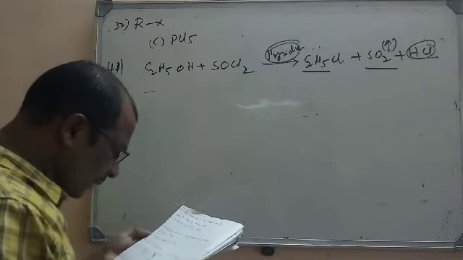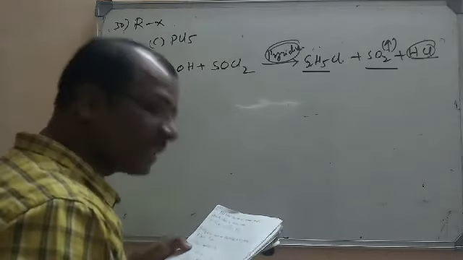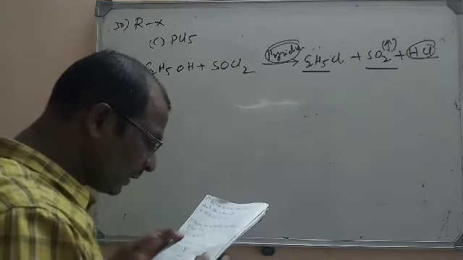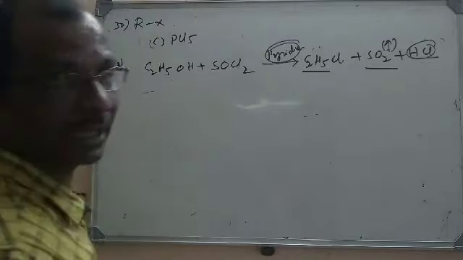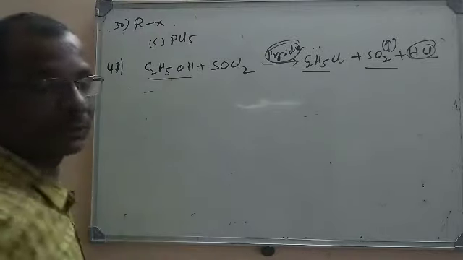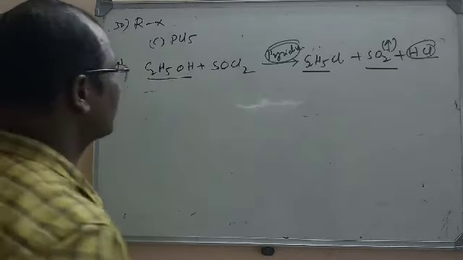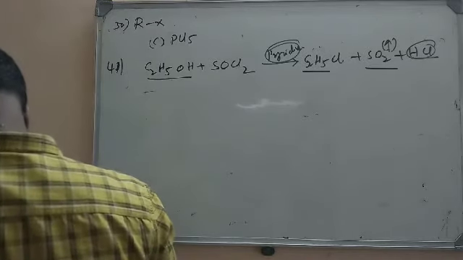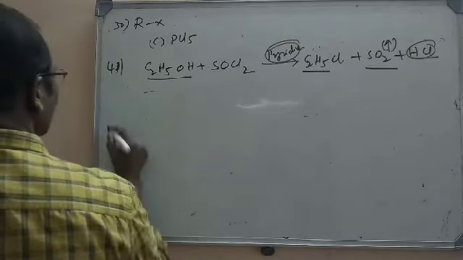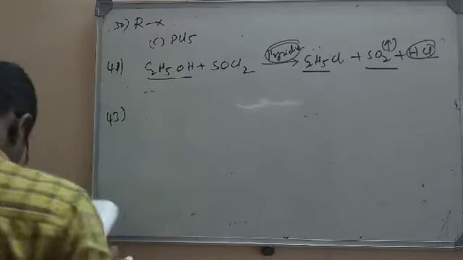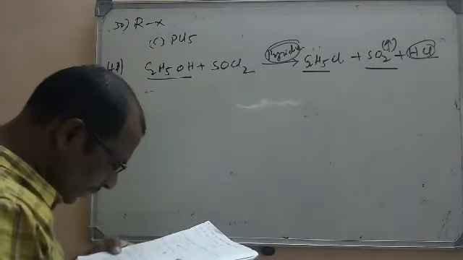If you see the options, option C is the correct option, that is ethyl chloride, HCl and SO2. It is the preparation of alkyl halide from alcohols, one of the methods. Now let us go for the next question. We have completed the 42nd question.